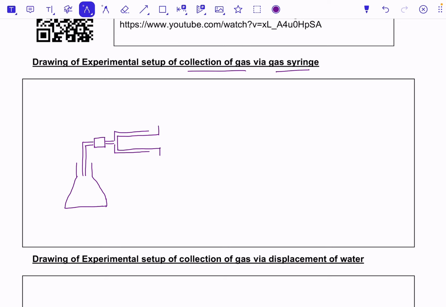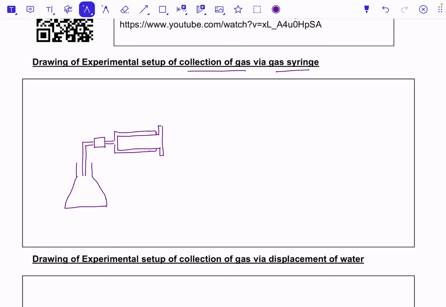Two vertical lines. Two short horizontal lines. And one vertical line to connect. So what you have just drawn is the plunger of the gas syringe. But you cannot have the barrel open and the gas escaping, right? So you just do a final touch up, close up the gap. So you have your plunger and you have your barrel for the gas syringe.